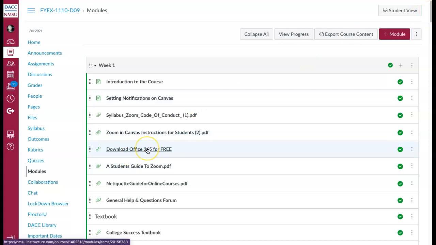If you get an Office 365 subscription, that also costs money, so you are getting it for free because you are a student. So definitely take advantage of that. I actually use this for my laptop because I bought a laptop a few years ago and then I bought another one last year, and I downloaded Office 365 to each one of my laptops and I didn't have to pay for Microsoft Word. So it's a really good deal.